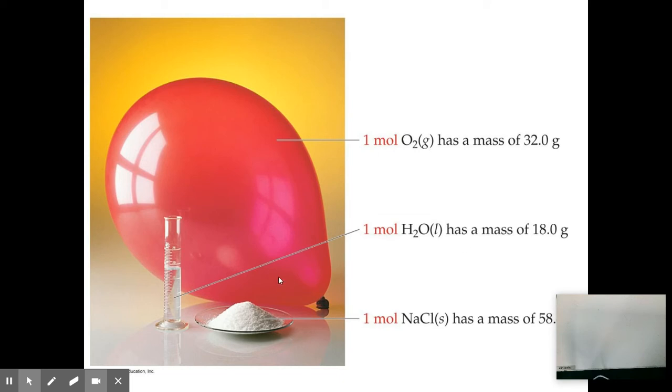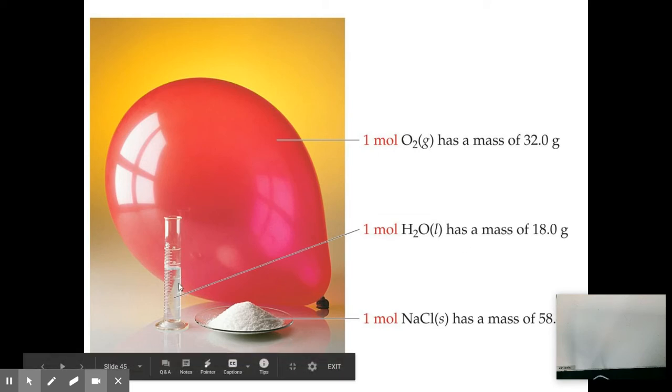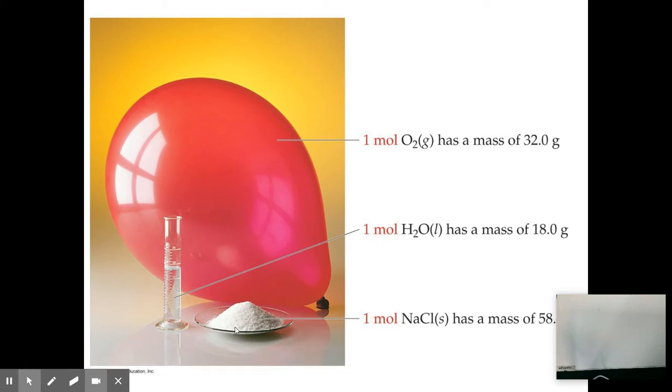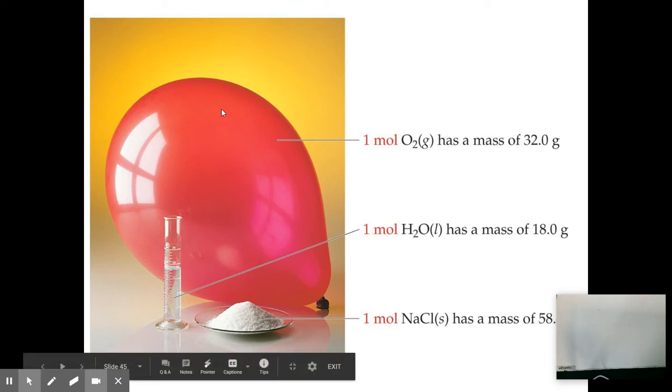And here, I've shown you a mole's worth of water yesterday, and this would be a mole's worth of salt, 58 grams of salt. That has how many molecules of salt in it? If it's 1 mole, it's got 6.02 times 10 to the 23rd. Very good. That's a lot.